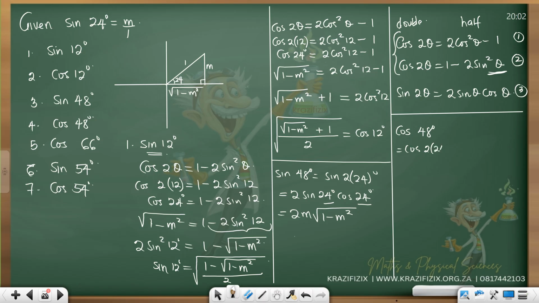It's either equation 1 or equation 2. Do you notice I have sine? So it's easy for me. 1 minus 2 sine squared 24. I don't have to do anything. I'm not stressing now because I already have that sine. What is sine 24? It's m. It makes it very straightforward. You observe and then you see what to do.